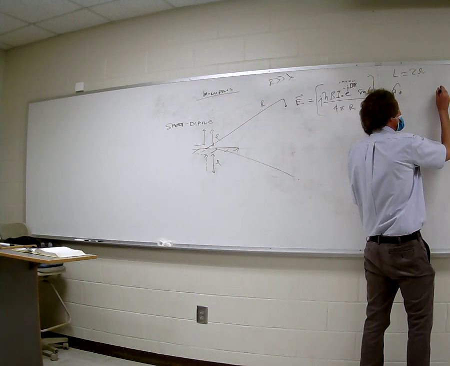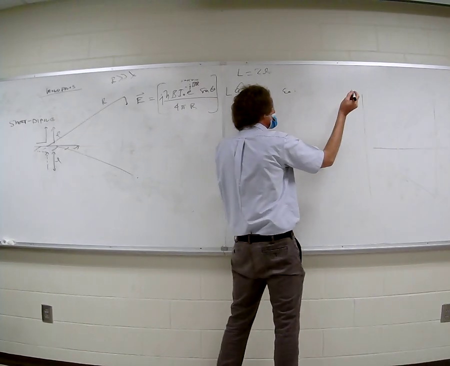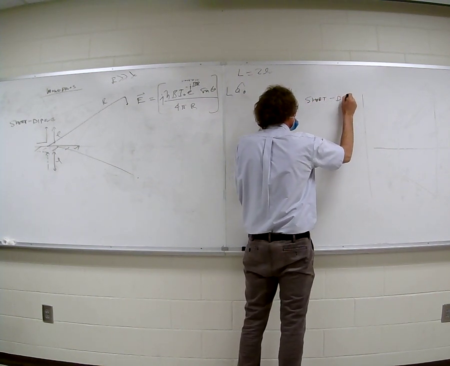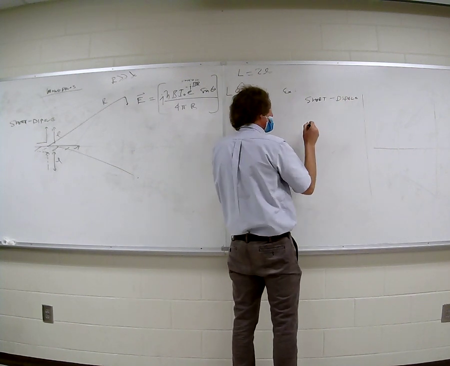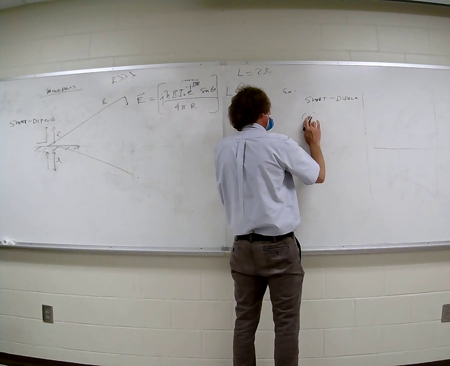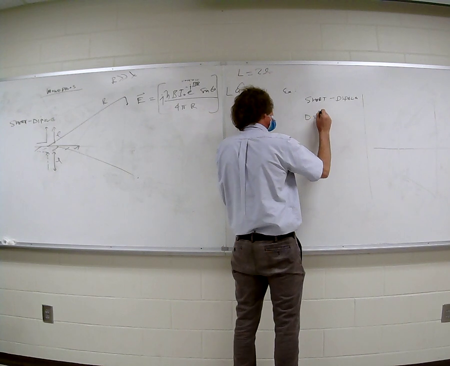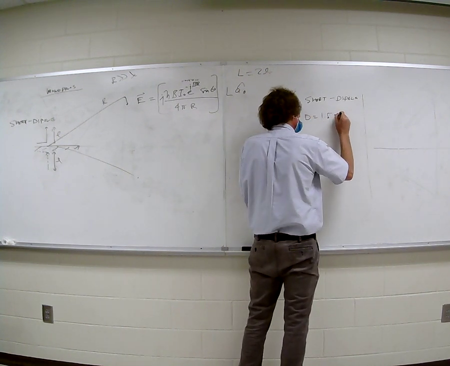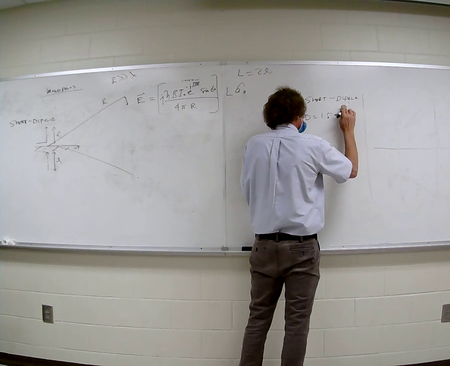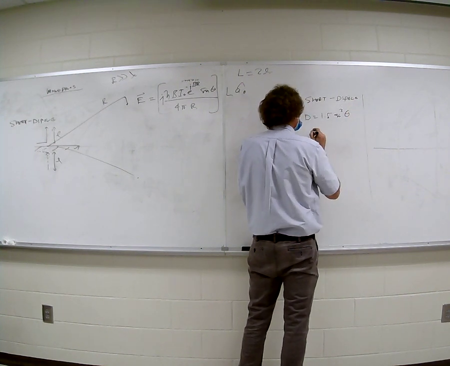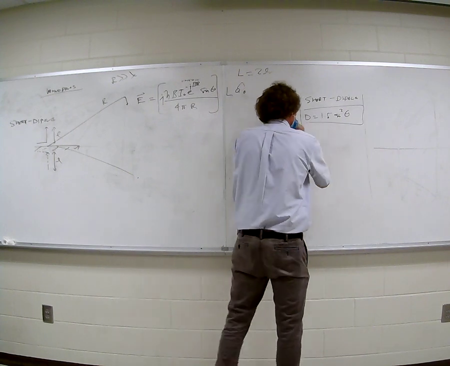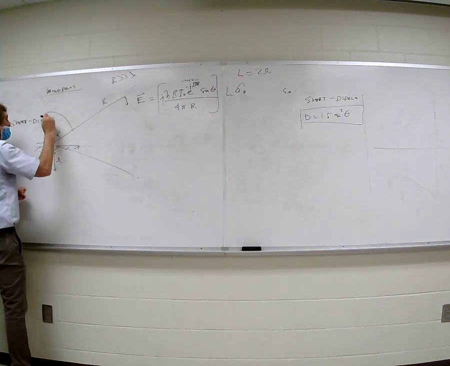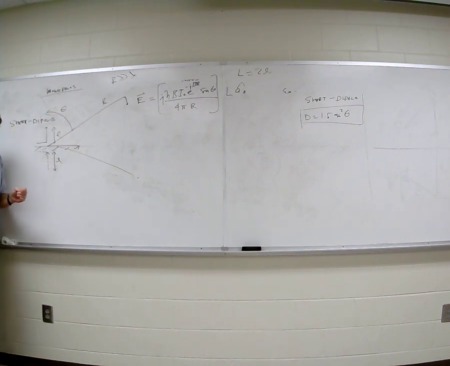Let's do an example. For a short dipole, the gain, well, let me put directivity down. Directivity is 1.5 times sine squared theta, and that's for a short dipole. Again, theta is always measured from the z-axis of the antenna.